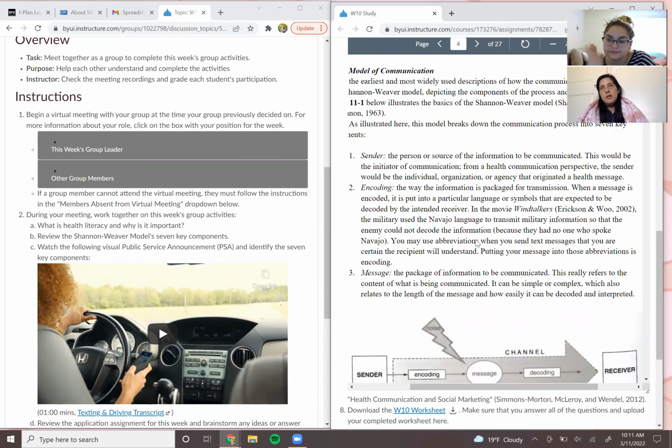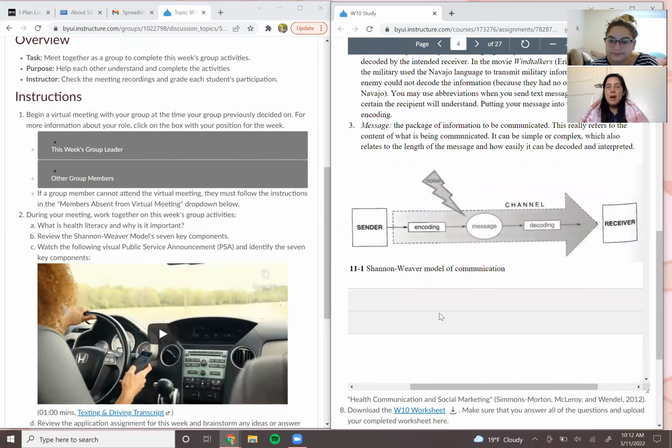Yeah, so the sender is a person or organization that is sending the message, pretty much. That's very easy. Encoding would be how the message is sent, whether it's through a PSA, a brochure, a poster, or just talking with someone on an individual basis.